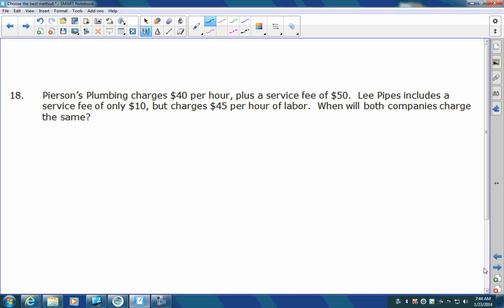Your total price is dependent on how many hours they work, right? So we're going to have X equal the number of hours and Y equal the total cost, because we're trying to figure out the total cost. When are they the same?